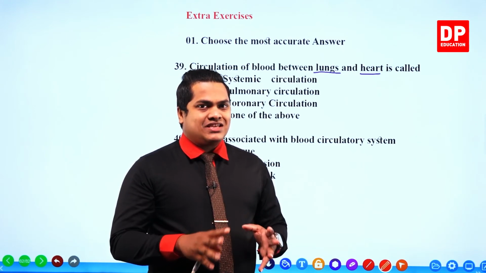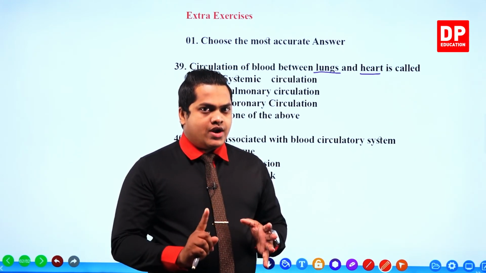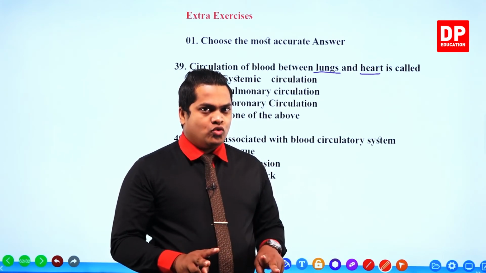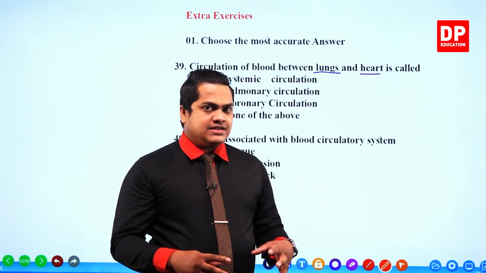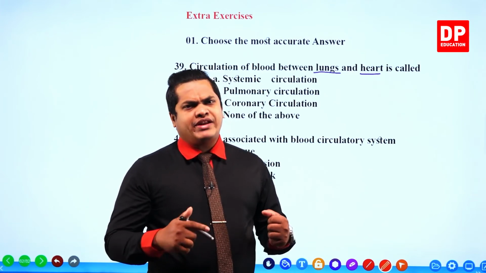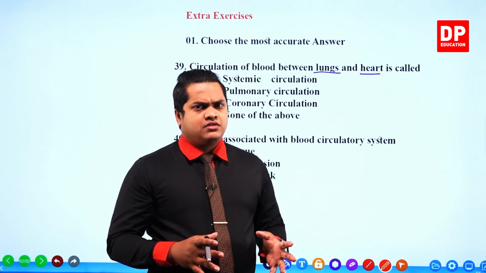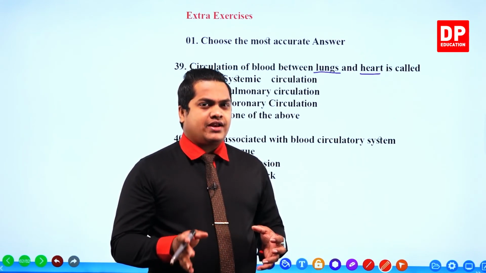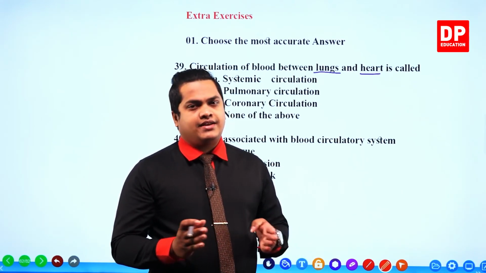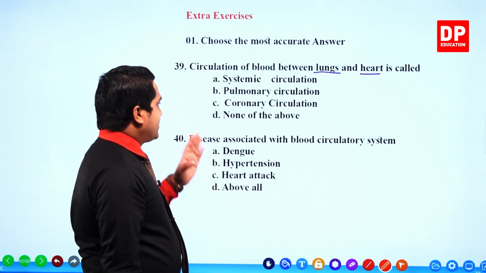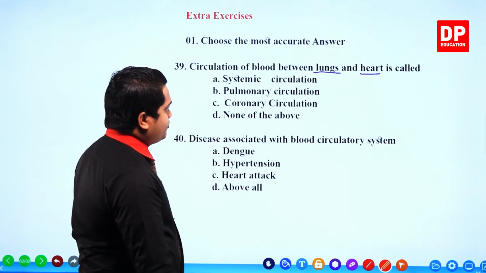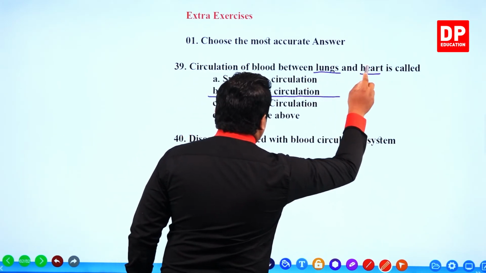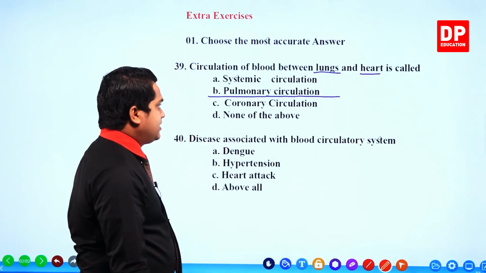The two circulations are, number one, systemic circulation, number two, pulmonary circulation. Pulmonary refers to the lungs. So pulmonary circulation is the circulation, my dear children, that occurs between lungs and the heart.